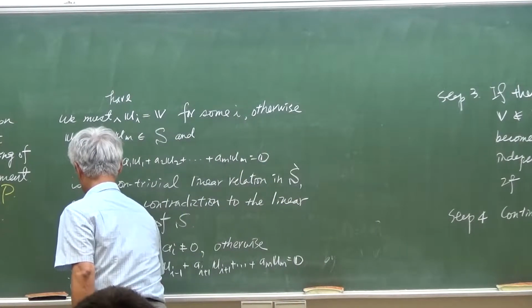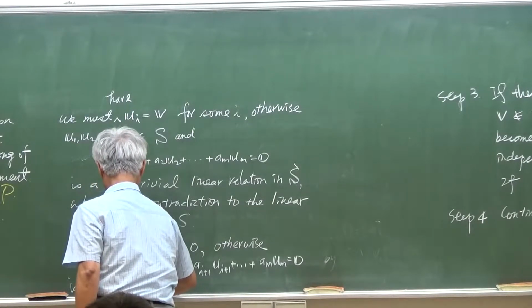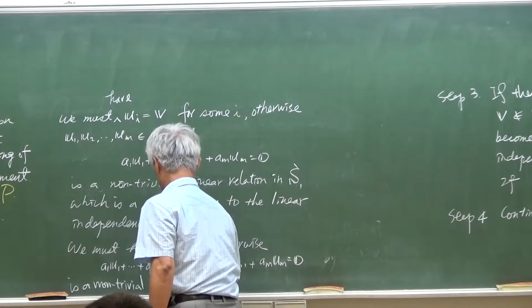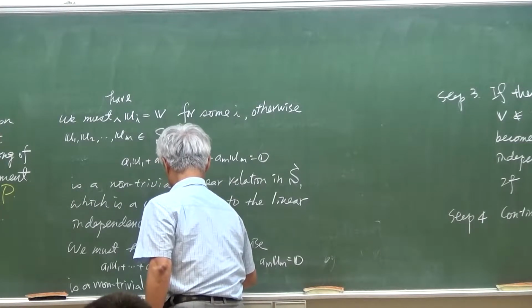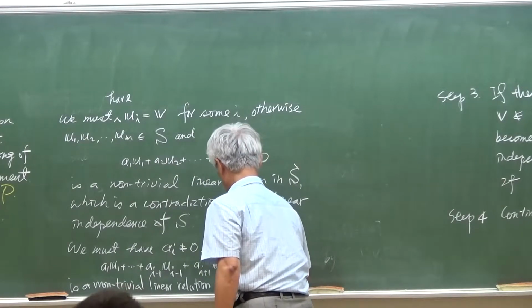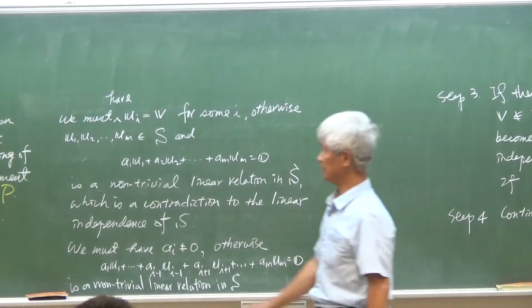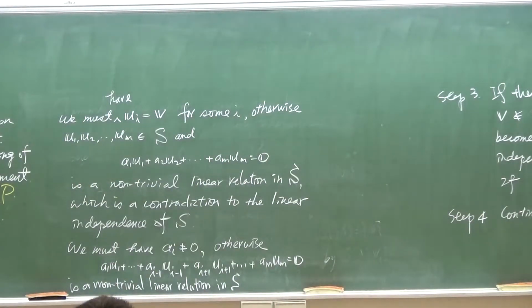It's a non-trivial linear relation in S. Again, because if ai is 0, then you can neglect it from this linear relation.